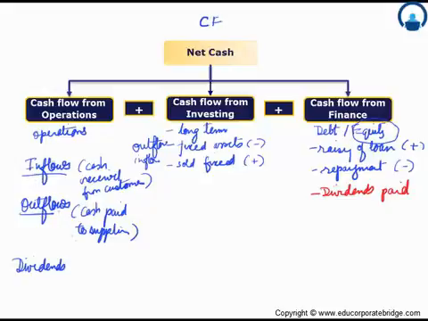But dividends can also be received when you have made investments in certain securities and those securities have paid some dividends. So dividends received are classified as cash flow from operations, CFO. But dividends paid is because of the shareholders, and hence it goes into cash flow from financing.